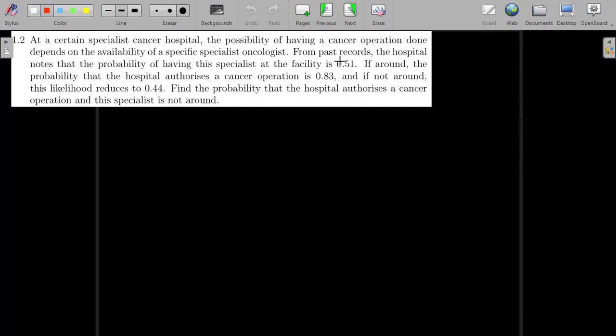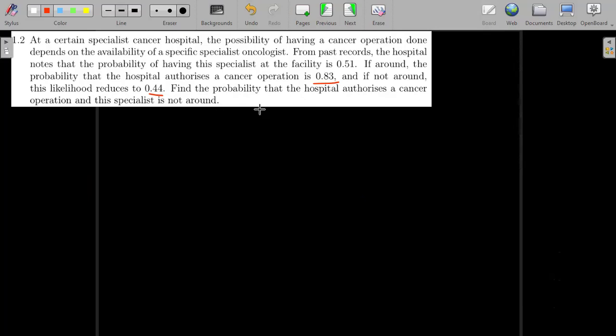If around, the probability that the hospital authorizes a cancer operation is 0.83. And if not around, the likelihood reduces to this much. So this is the probability that the hospital authorizes a cancer operation if this specialist is not around.